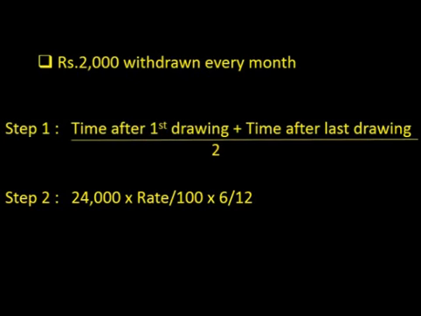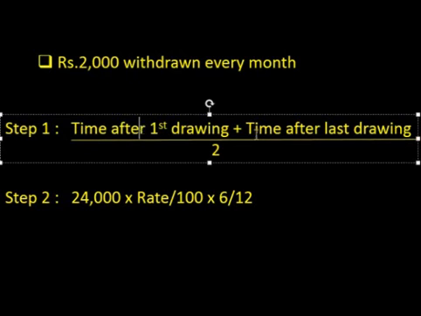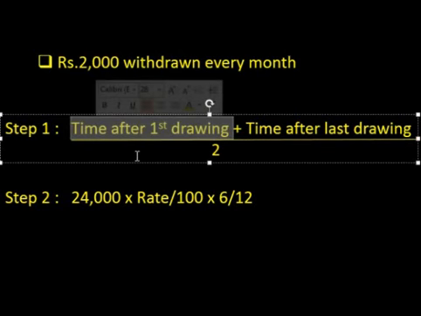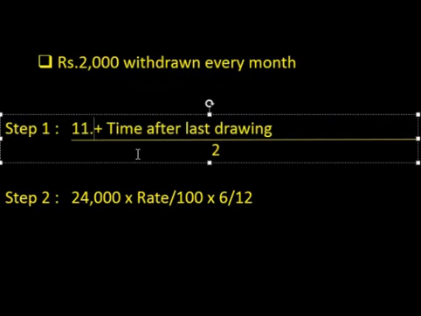Suppose your accounting period is 1st January to 31st December, so it means the first drawing is made on the 15th of Jan, and the last drawing is made on 15th of December, because we are assuming here that drawing is made in the middle of every month. So the first month is January and the last month is December. So the first drawing is made on 15th Jan. So time after first drawing will be 11.5. I will write here, time after first drawing 11.5.